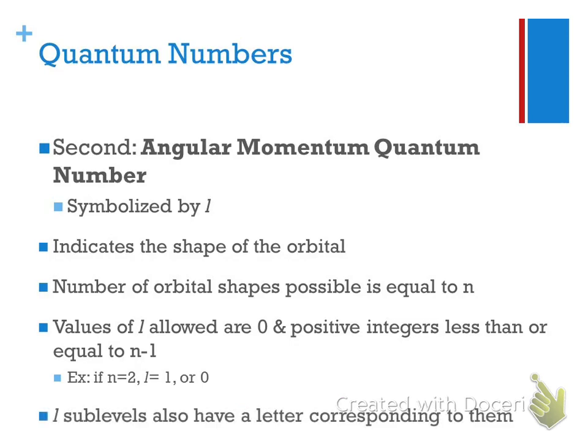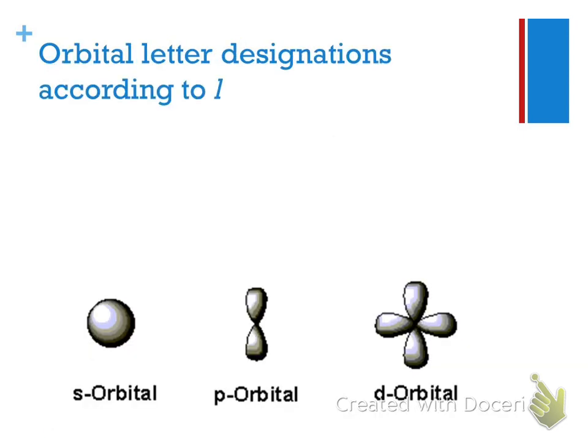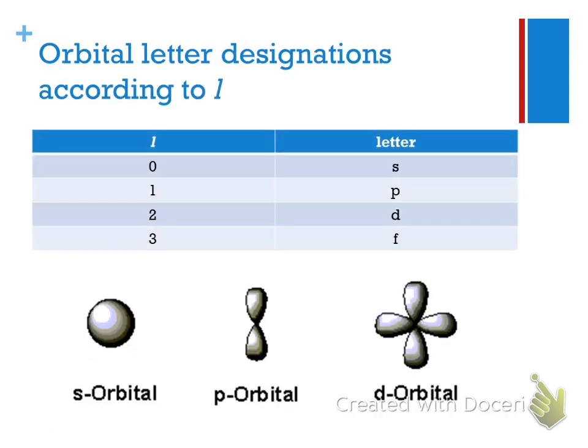So let's put it with the shapes. This is what's going to tell us what number l is. If that electron is found in an s orbital, l is equal to 0. If it is found in a p orbital, l is equal to 1. If in a d orbital, l is equal to 2.